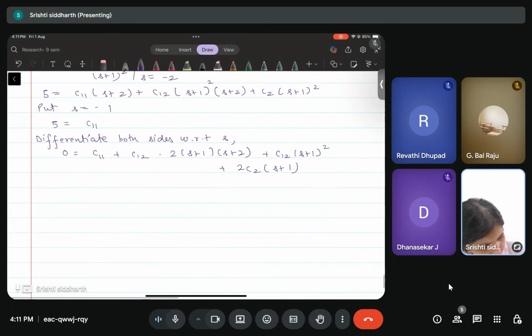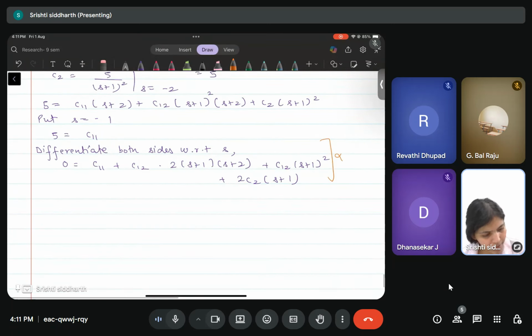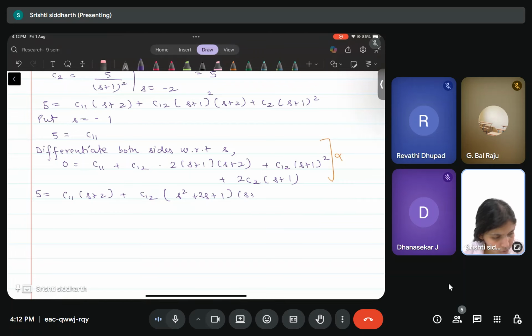Alright, so let's forget about this for a moment and let's just expand. Okay, so this is 5 equals s squared plus s plus 1, so 2s, s plus 2 plus c2, s squared plus 2s plus 1.